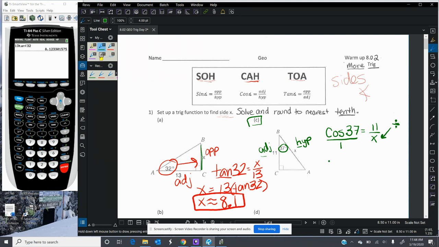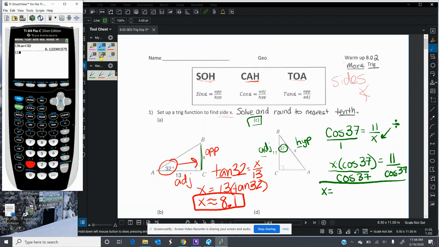So when I cross multiply, we get x times cos 37 equals 11. Now x isn't alone yet. We have to divide both sides by cosine 37. And into the calculator, I'm going to type in 11 divided by cos 37.